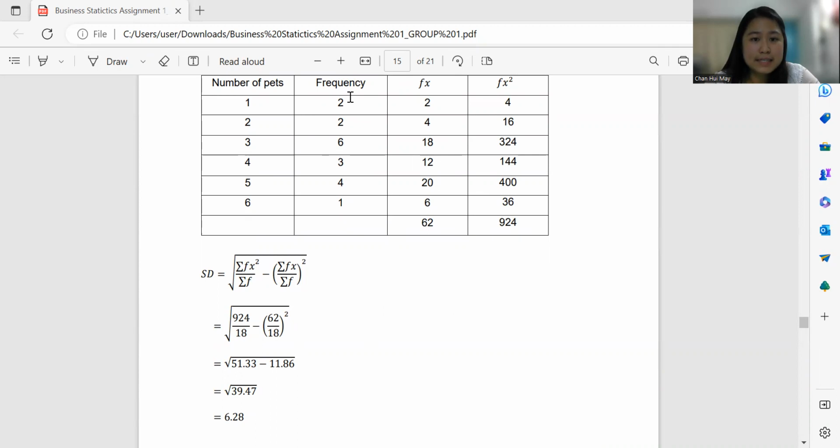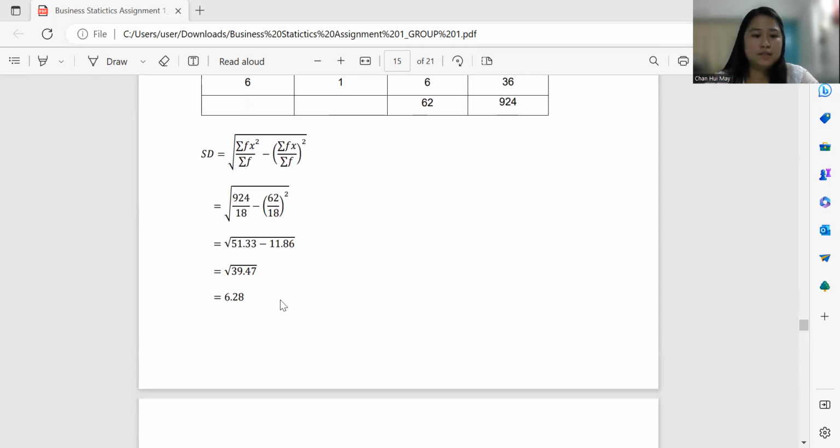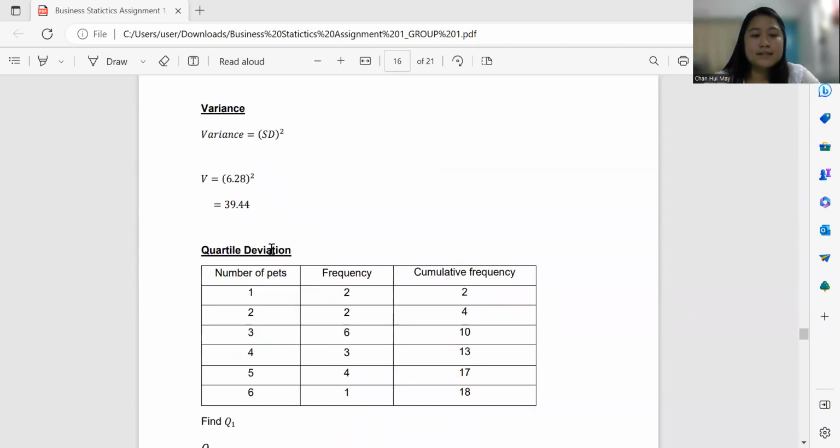I use frequency times x squared. After I get the totals, I will substitute all the numbers into the formula. Next is variance. Variance is the standard deviation squared. So when I get the answer 6.28, then squared, the answer becomes 39.44.